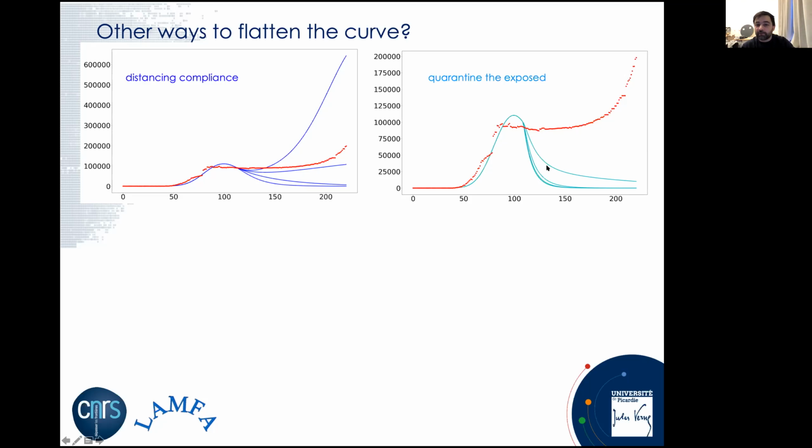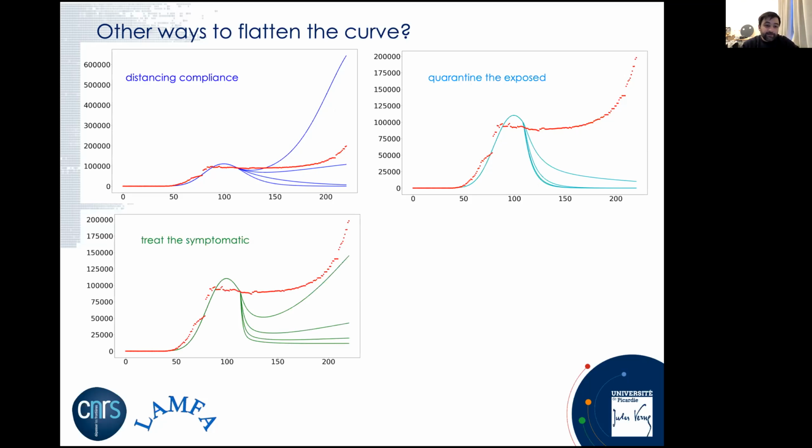The quarantine of exposed works very well. What is important is the number of people you put in quarantine. If you put in quarantine the exposed, at 60, 70, 80, 90%, you can control the disease, but you need a lot of tests and everything. About the treatment, I cannot give detail, but the treatment the hospital is proposing also allows a big reduction of the disease.